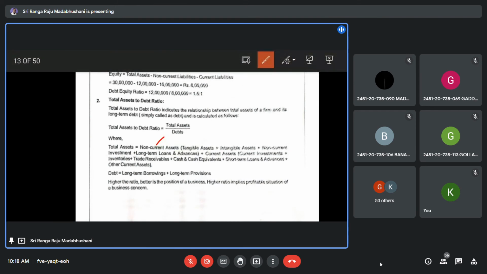A higher ratio implies a profitable situation for the business concern. It is financially sound, financially strong, if the ratio is higher.